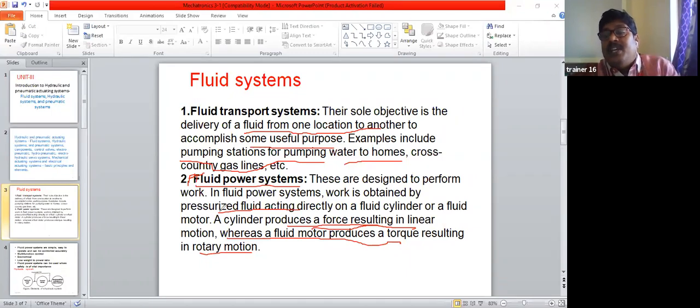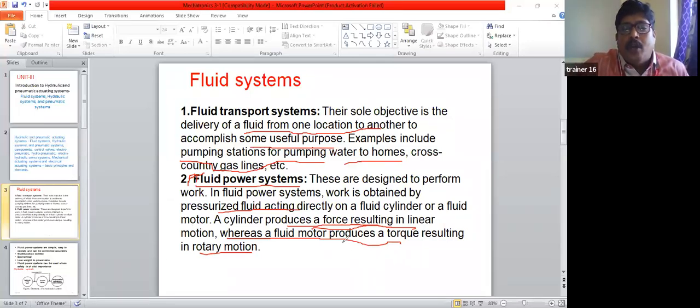Same in small scale industries or large scale industries, to push the product from one point to the other point, we have to use single acting cylinders or double acting cylinders. These are operated with a liquid or compressed air as the medium.